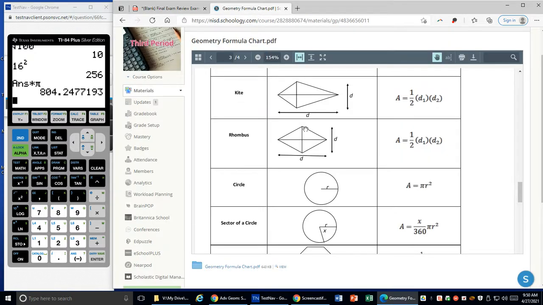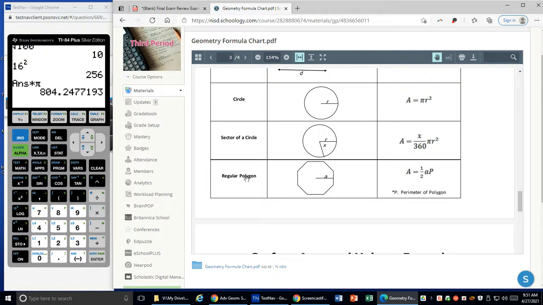On my formula chart, we don't have a regular hexagon, but we have a regular polygon. And it says capital A equals 1/2 little a, and P. And it tells me that the capital P is the perimeter of the polygon. And then little a is this distance here in the center to the side.